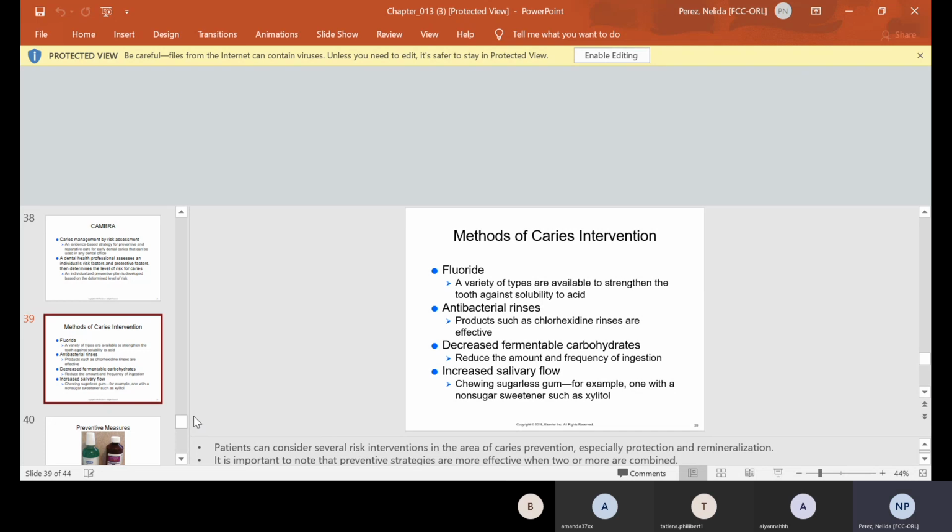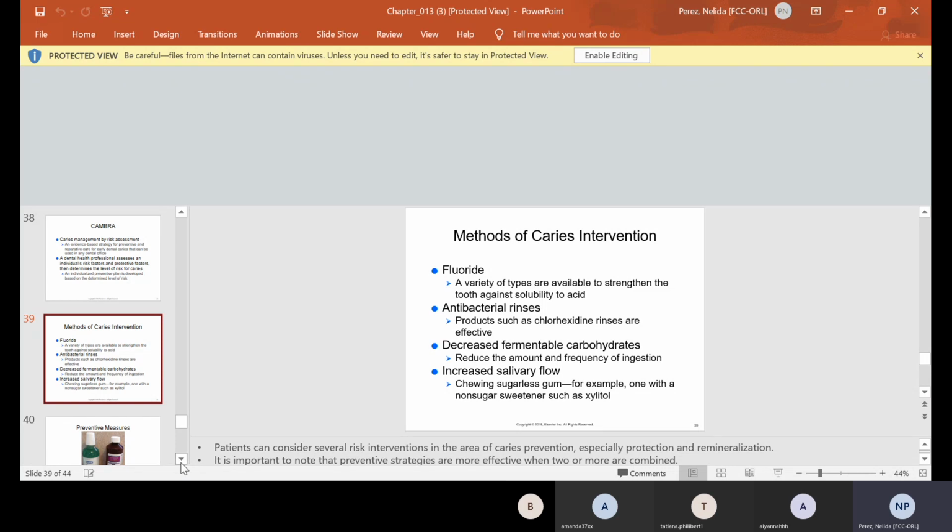You have your fluoride. A variety of types are available to strengthen the tooth against solubility to acid. Antibacterial rinses, products such as chlorhexidine rinses, are effective. Decrease fermentable carbohydrates: reduce the amount and frequency of ingestion. Increase salivary flow, for example by chewing sugarless gum, one with a non-sugar sweetener such as xylitol.